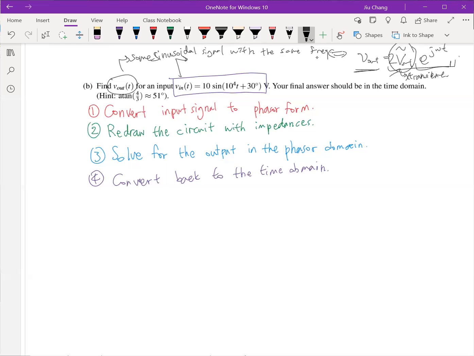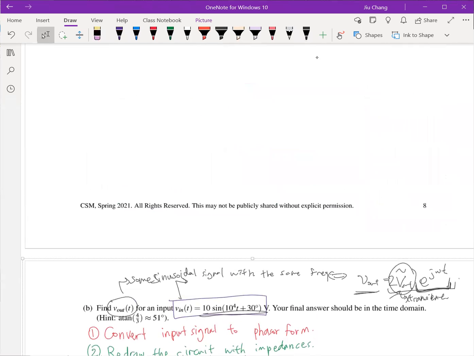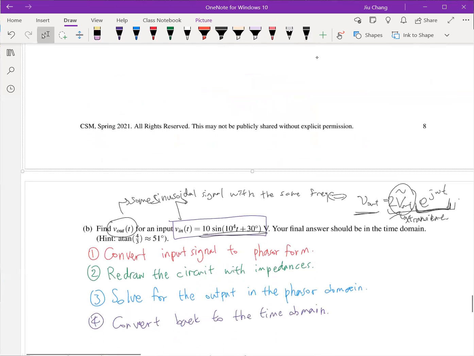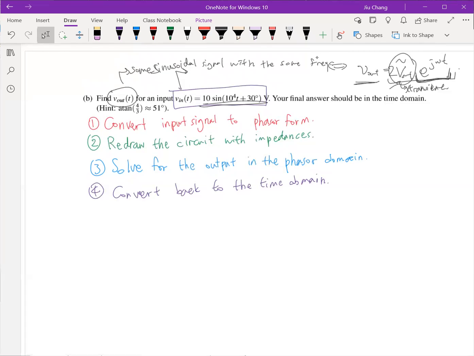And this factor here is only possible when we have a sinusoidal input signal. So that's basically what this whole problem is talking about. It's showing you that for a DC input, you can't use a phasor, and for an AC input, you are allowed to and usually encouraged to use a phasor analysis.